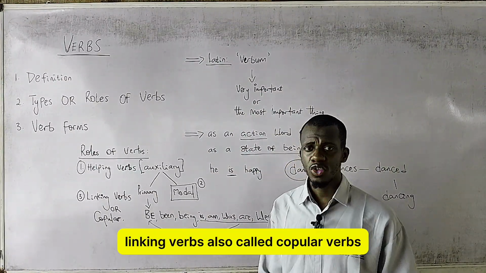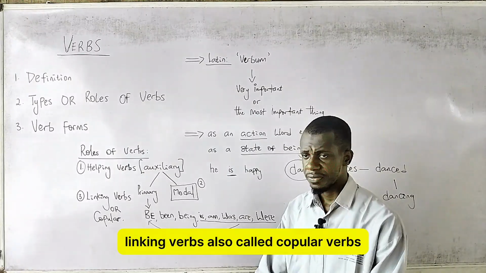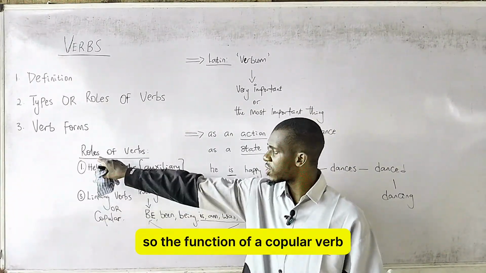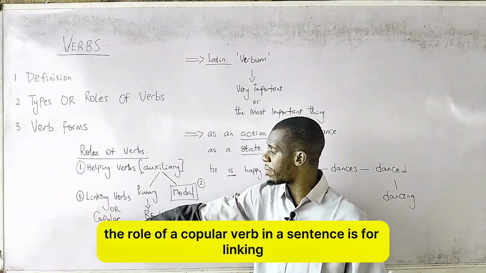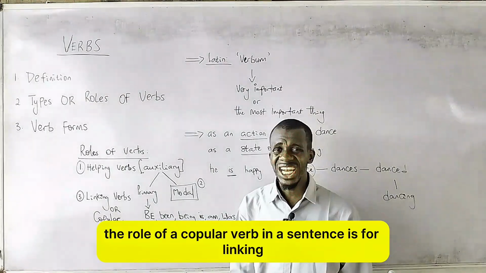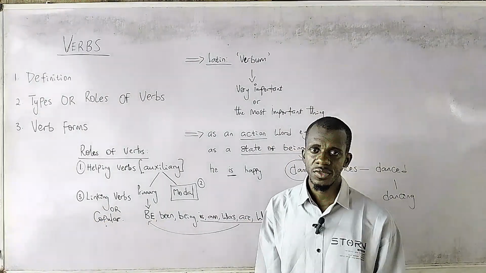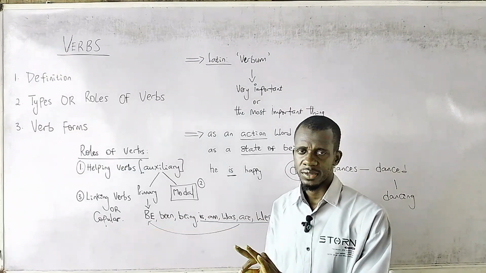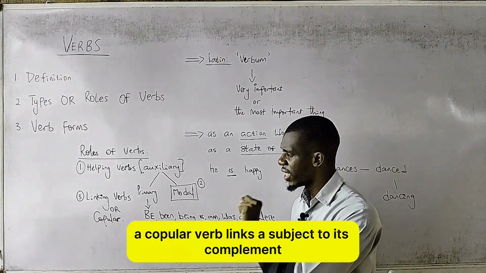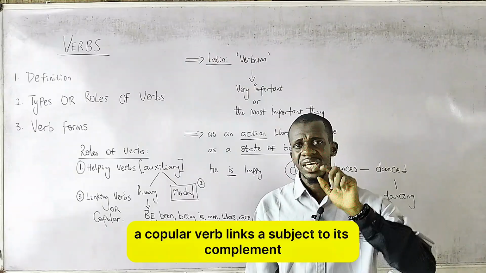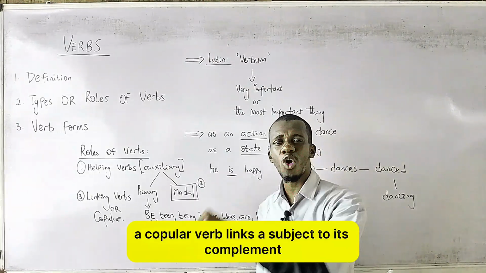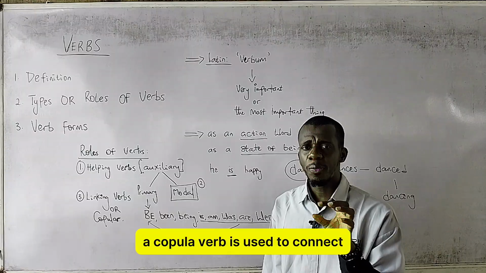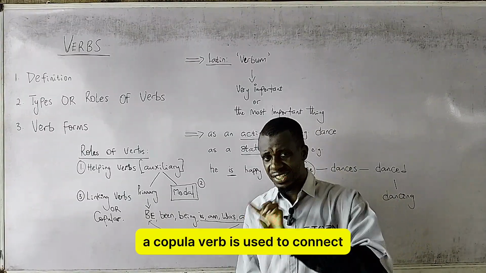So, the function of a copular verb, that is to say, the role of a copular verb in a sentence, is for linking. Okay? The question then is, linking what? A copular verb links a subject to its complement. That is what a copular verb does. A copular verb is used to connect.